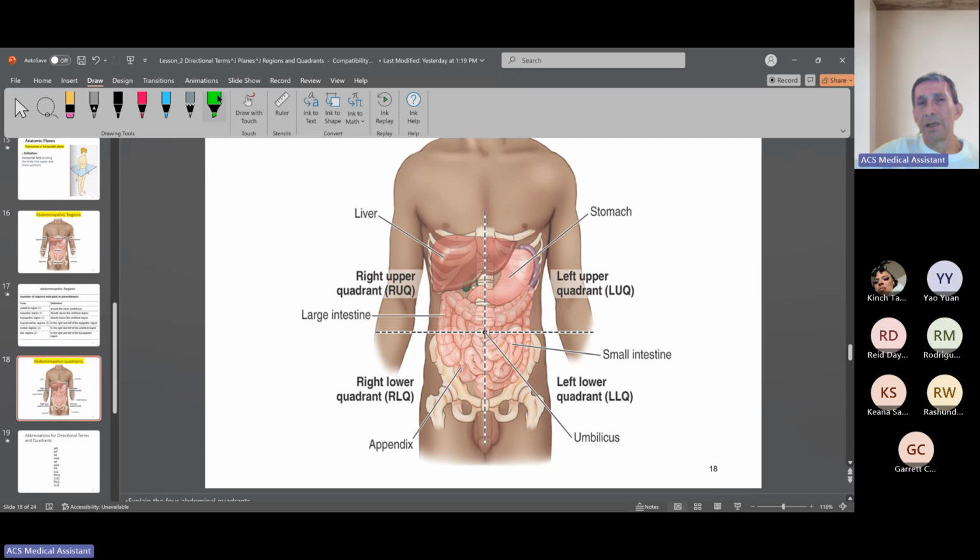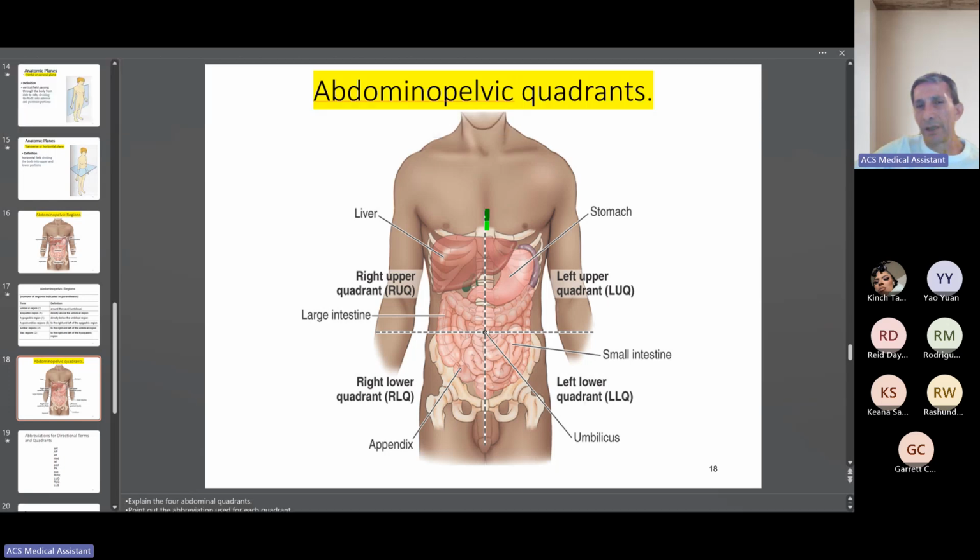Now, if you look here, I'm going to divide the body right in the middle, passing through the belly, and then passing through the belly. So we know that this is the right side, this is the left side. The quadrants are a lot easier because it's only 4, and the names that they use are easy to memorize, easy to remember.